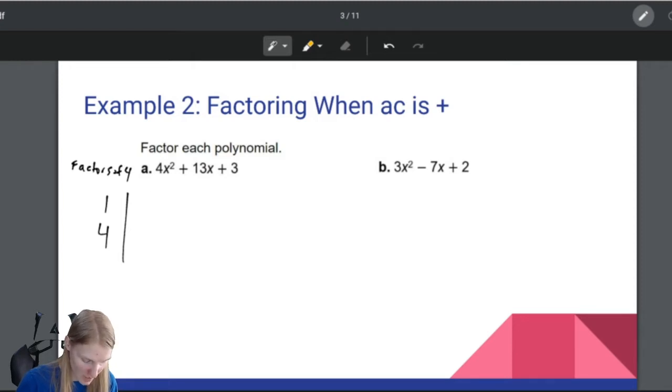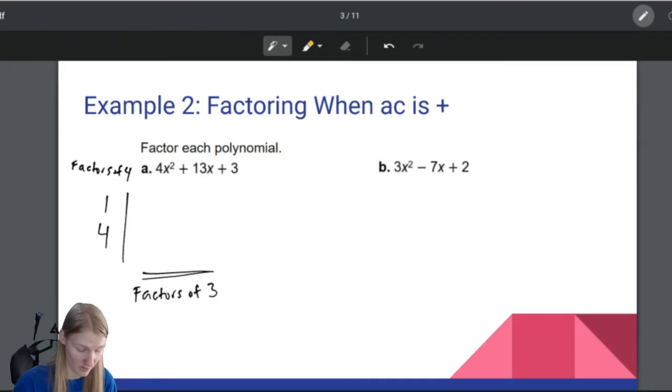And on the right side here, I'm going to put my factors of 3. Now luckily there are only 2 factors of 3. There is 1 and there is 3. I'm also going to write them this way, and you will see why.